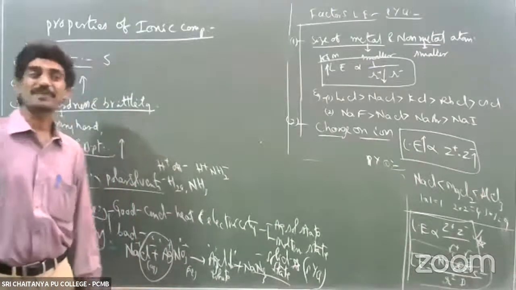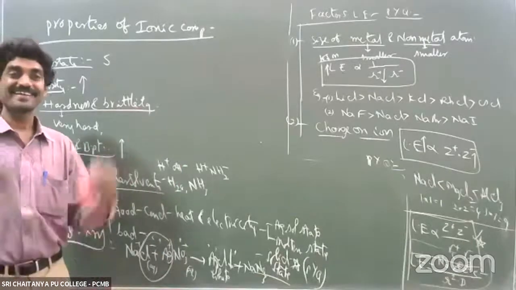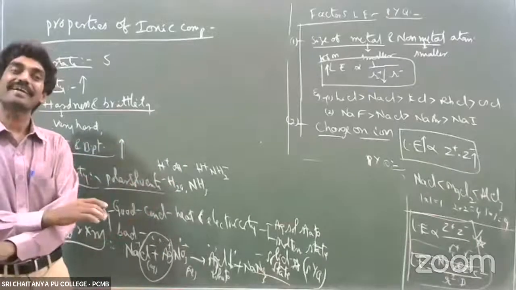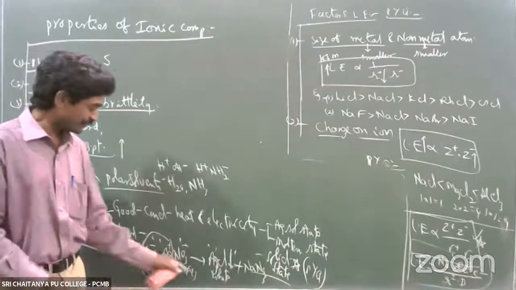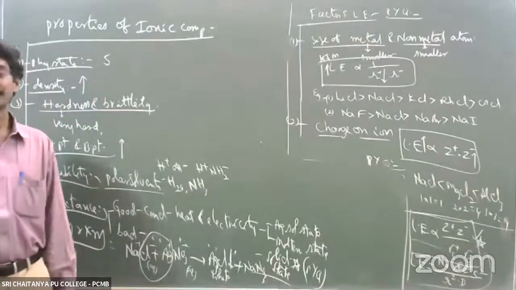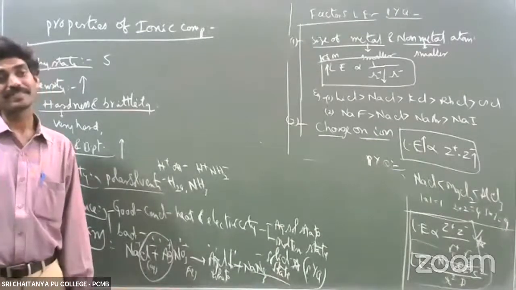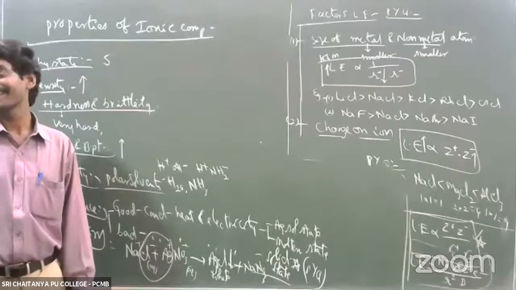Because in ionic compounds free ions are already present. Immediately they combine, like 'you come with me'. Immediately the reaction happens. But in covalent compounds, covalent bonds are there.